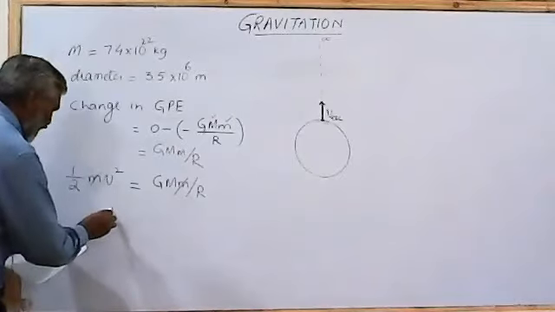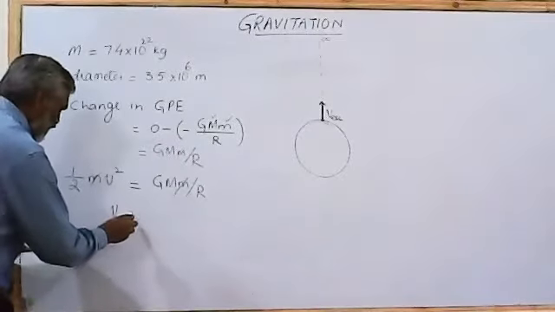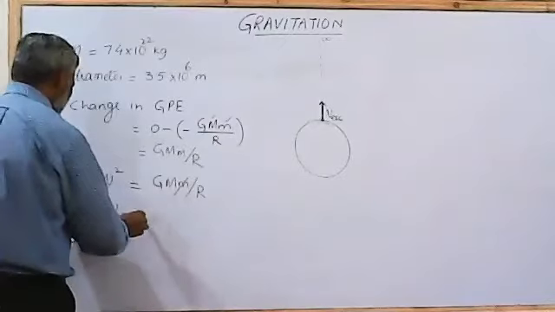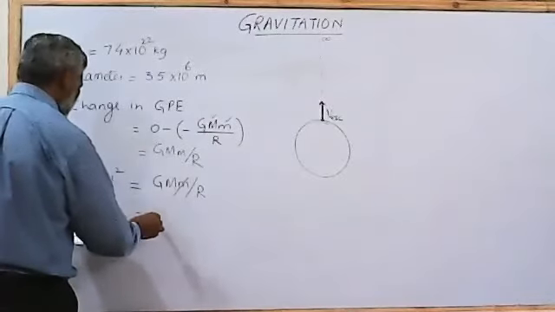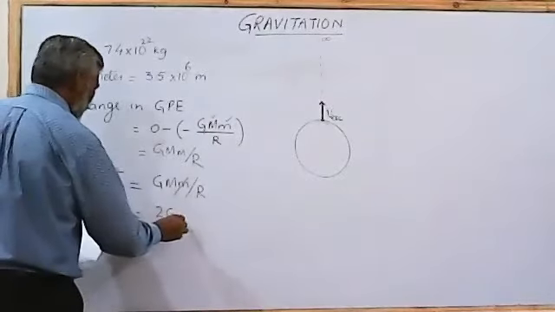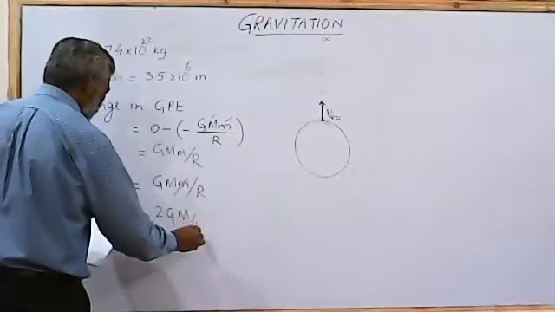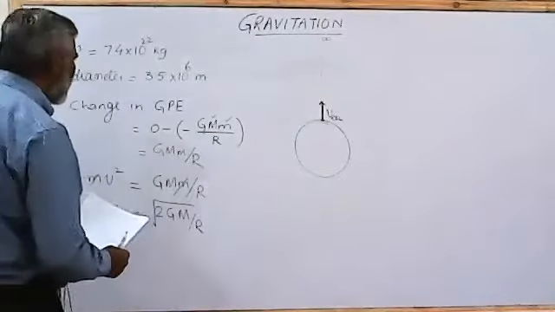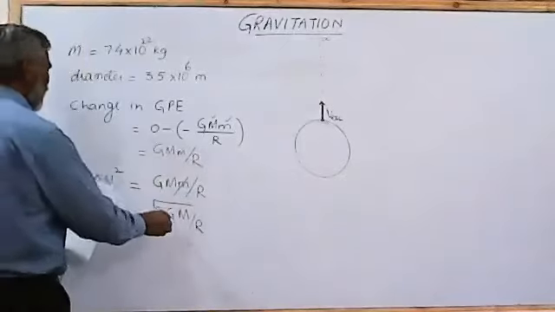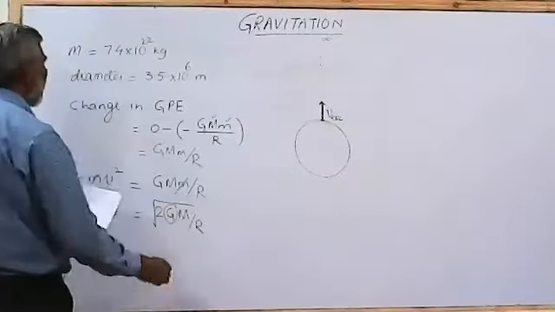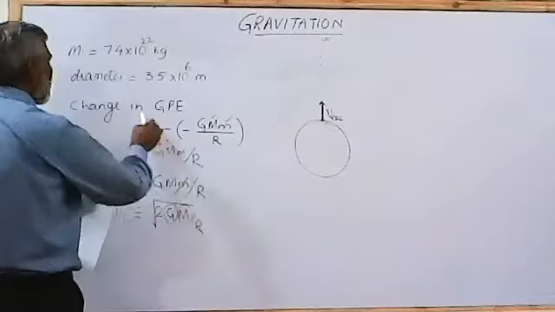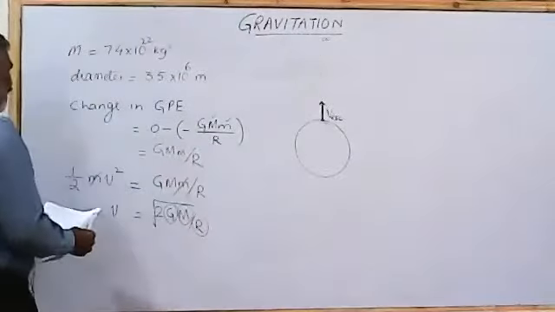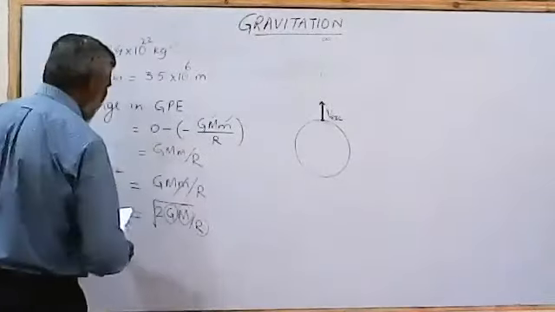So if you simplify it further, v is equal to the square root of 2GM over R. And when I use all these values given here, the value of G is given in the data booklet, the value of M is written here, and the value of R can be used here from the value of diameter.